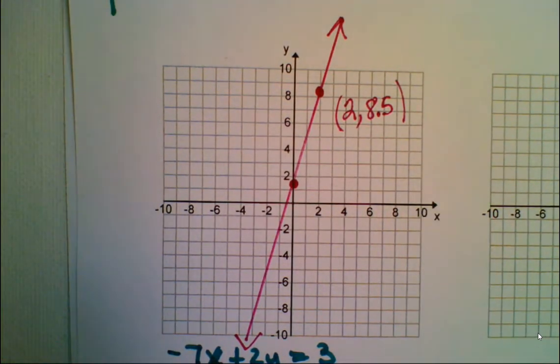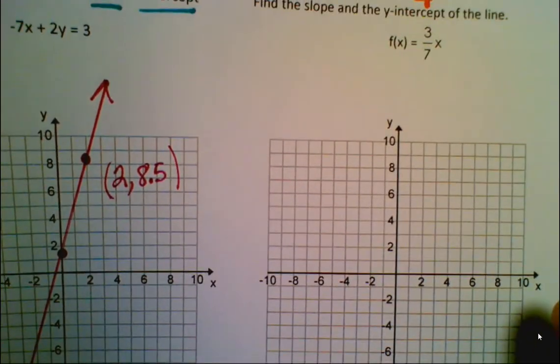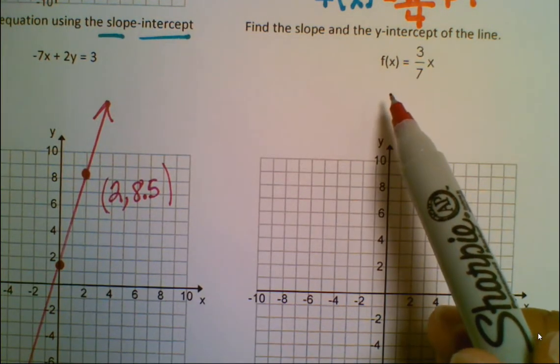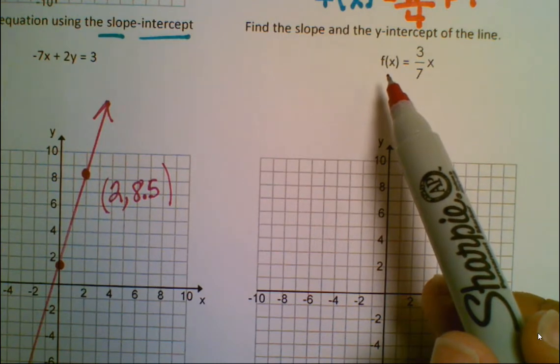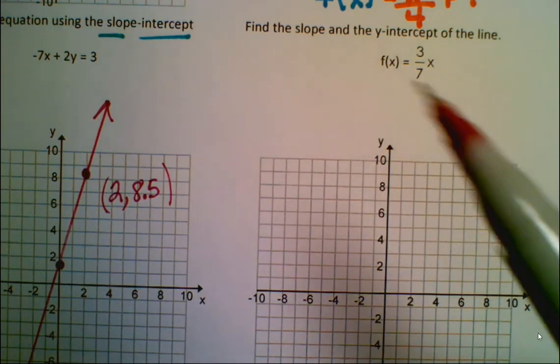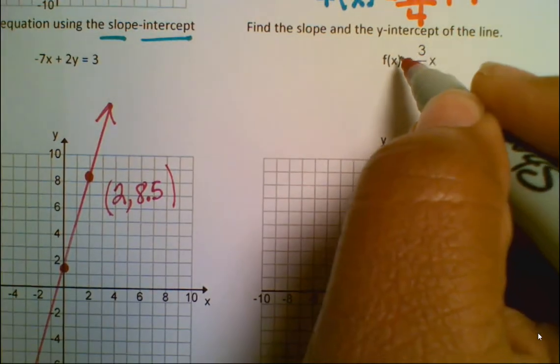Okay. So that's our second example here. Let's look at the last example on this page where it says to find the slope and y-intercept of the line. Now this is what we call function notation because it begins with f of x. Now if I want to make this into a linear equation, just replace f of x with y.